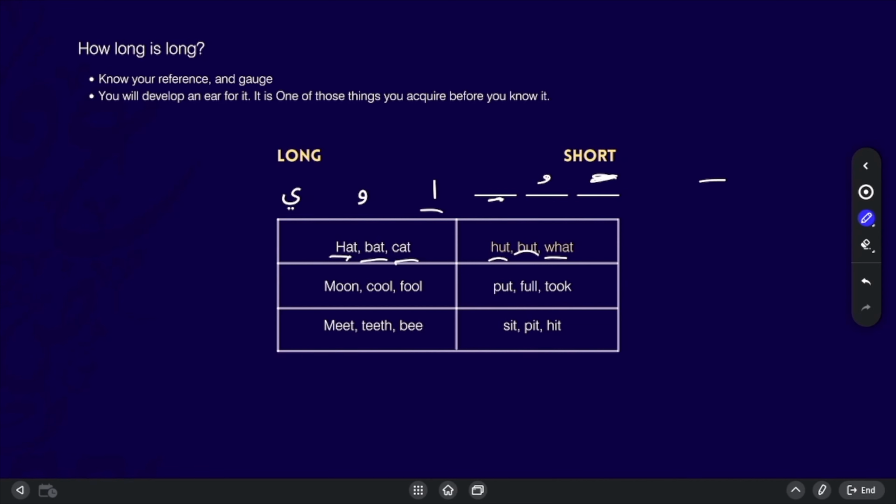Same thing for u, put, full, took. If it sounds any longer than that, it's a long vowel, like moon, cool, fool. Let's look at the kasra. Any sound that sounds like sit, pit, hit, would be considered short. Anything longer than that, like meat, teeth, bee, would be considered a long vowel.